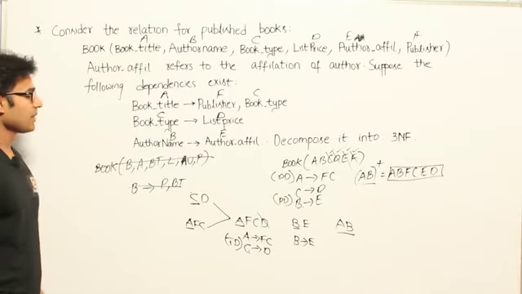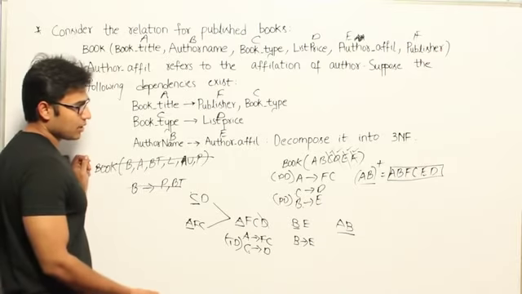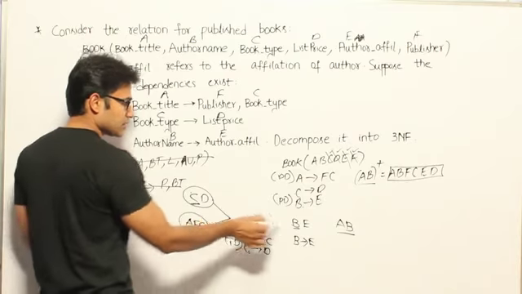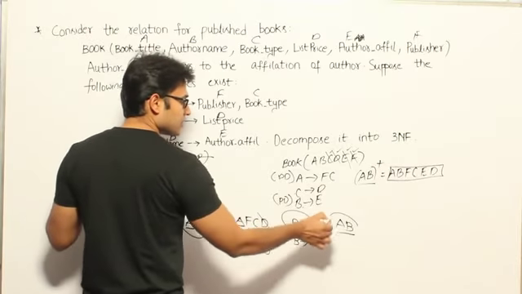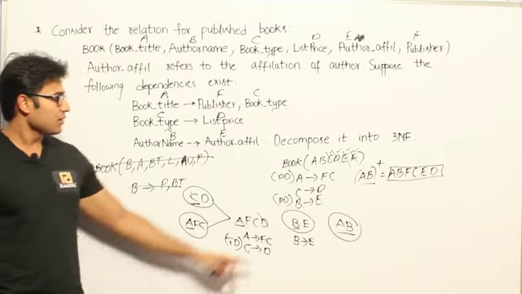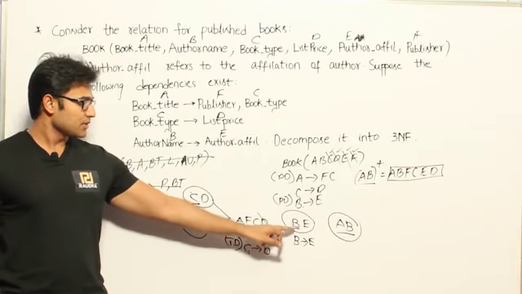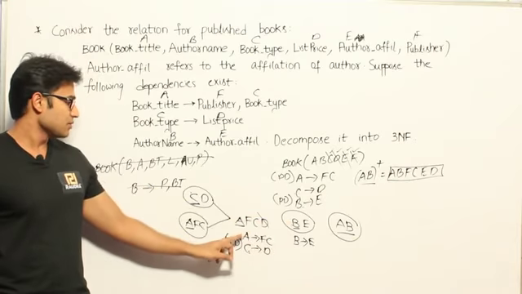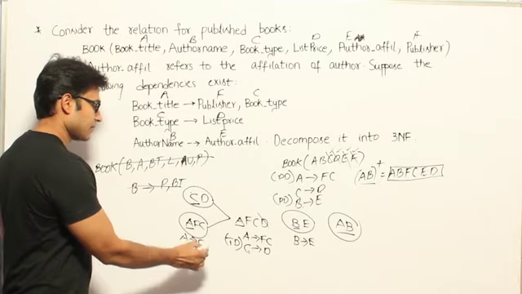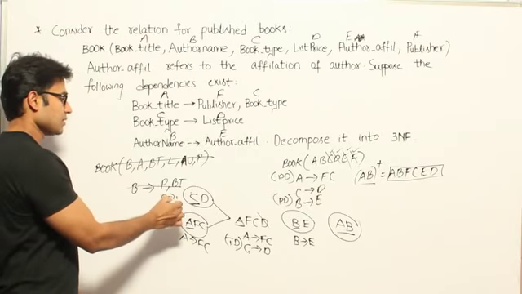Got it? Okay, now if you see this, we got 4 tables. One table is this, other table is this, other table is this, and this is the 4th table. So we got 4 tables, and this dependency is applicable on this, and this particular dependency A determines FC is applicable on this, and C determines D is applicable on this.